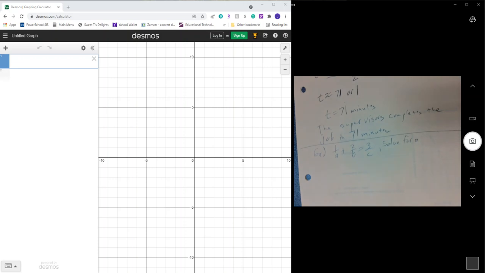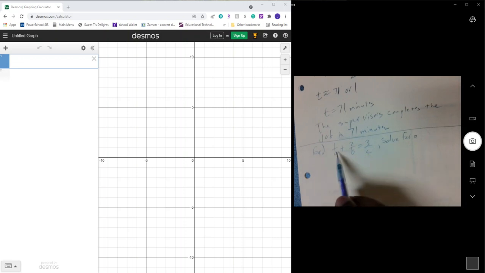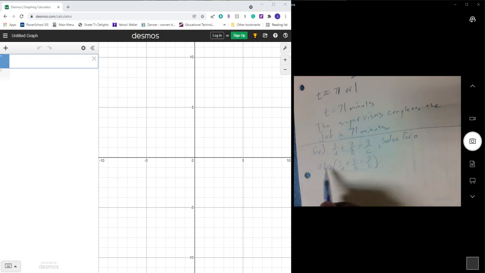Okay, so we want to get a by itself. So the first thing that we should do is get rid of all of these denominators. So we'll multiply everything by the common denominator of a, b, c. So the a's will simplify out, and this will be bc.